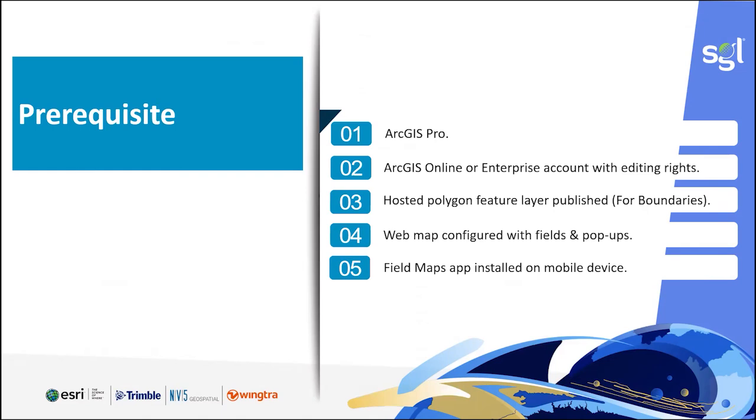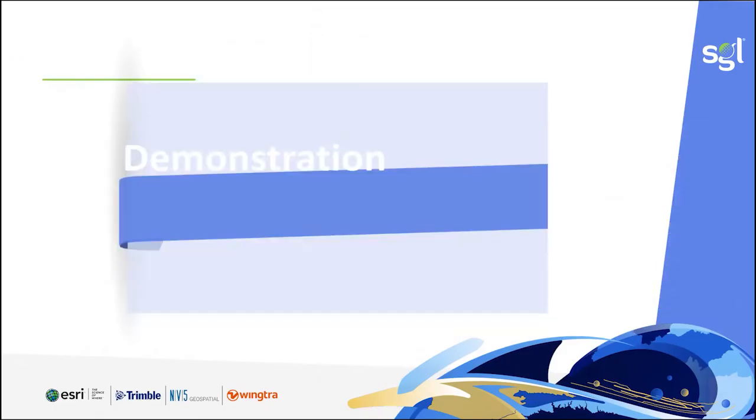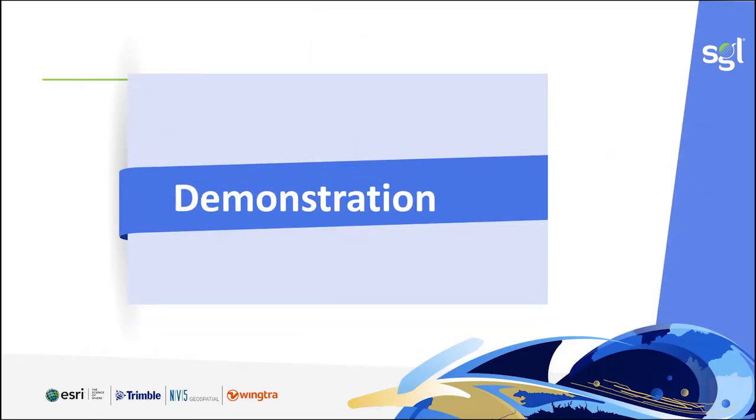It will be installed on it so that you can use the device to capture your data. Then lastly, you need a device. Yes, I just mentioned that an RTK enabled device, or maybe your smartphone that uses GPS, will be needed. So without wasting our time, let's quickly go straight into the demonstration of this whole thing.